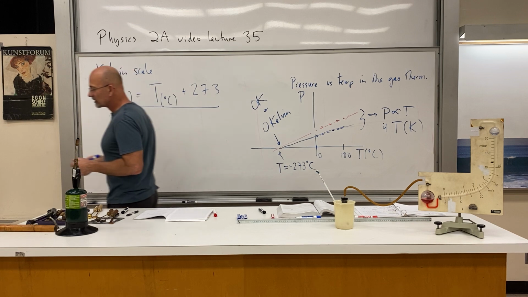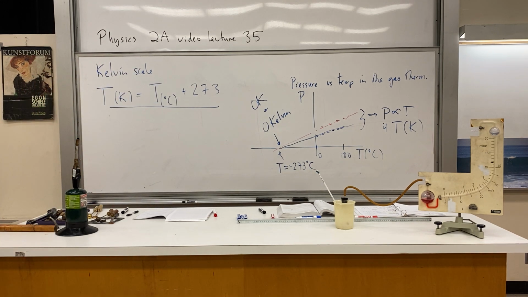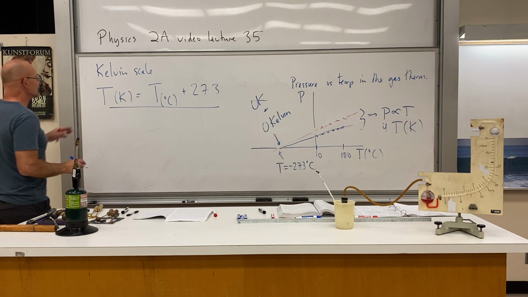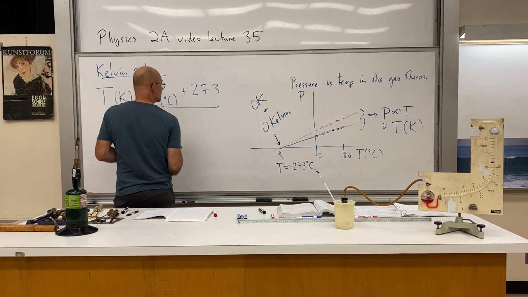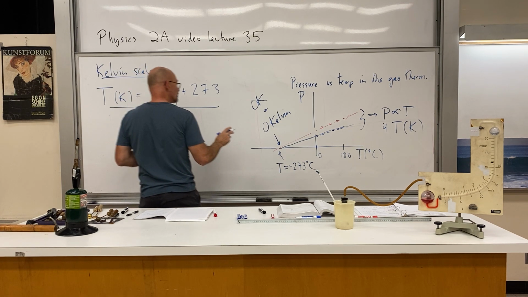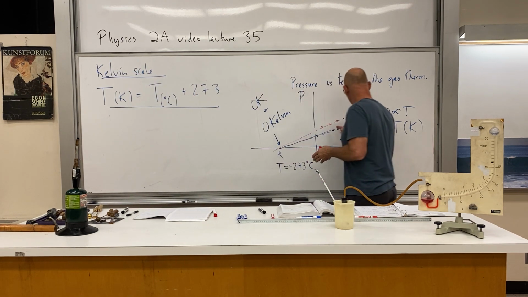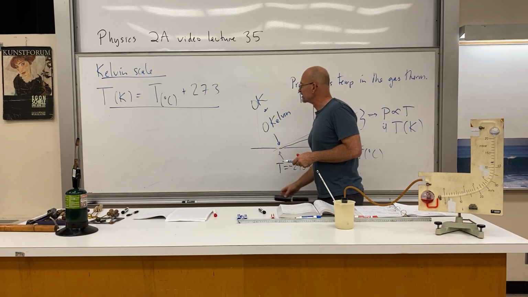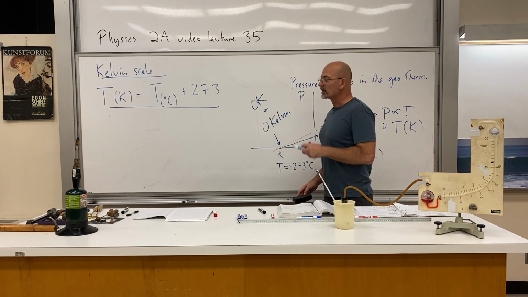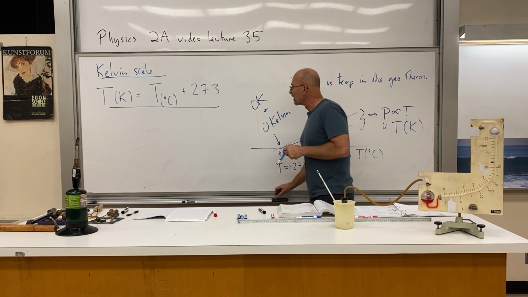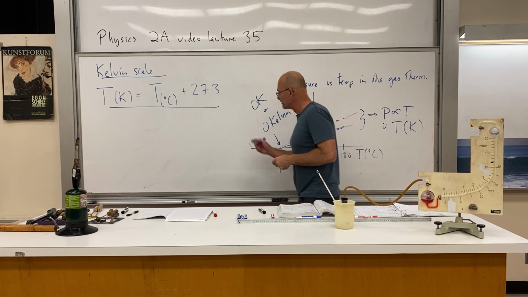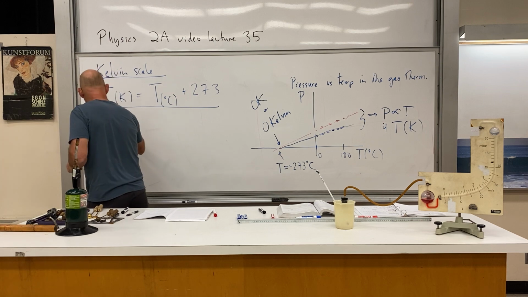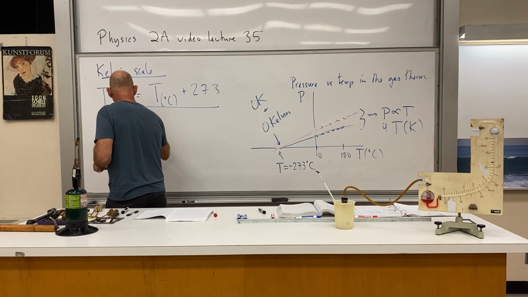Okay, good. Let me see how we're doing for time here. Fantastic. Okay, so we got the Kelvin scale. And again, if we use the Kelvin scale, then we've got pressure proportional to temperature for the ideal gas law. So we're going to return to the ideal gas law. I'll just put that as a note here since we talked about that.